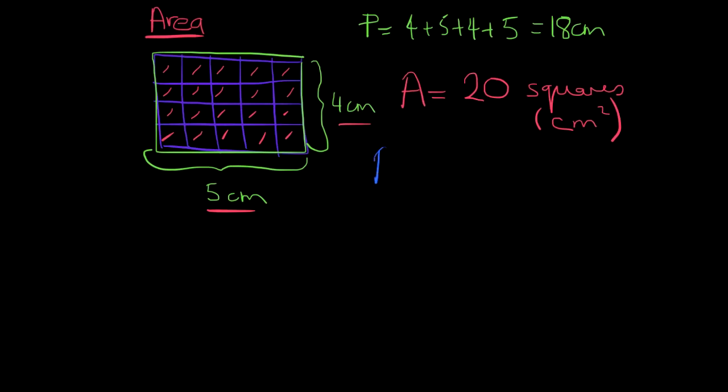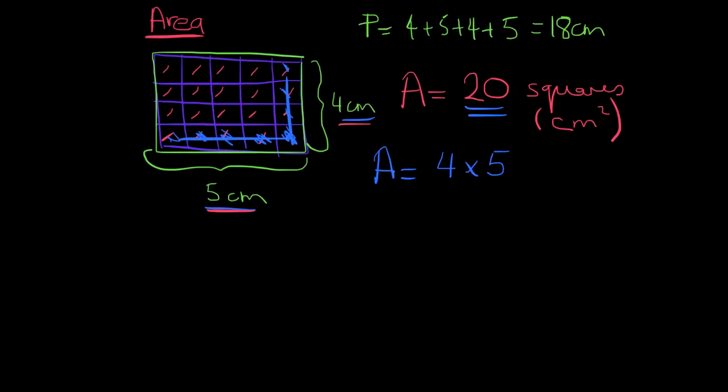If I look at the value for my area, that's 20, then all I'd need to do, instead of having to count them up, knowing that this is 5 across and 4 up, would be to multiply my 4 times 5 together, because we now have 4 groups of 5 squares. So we could simply do it that way.